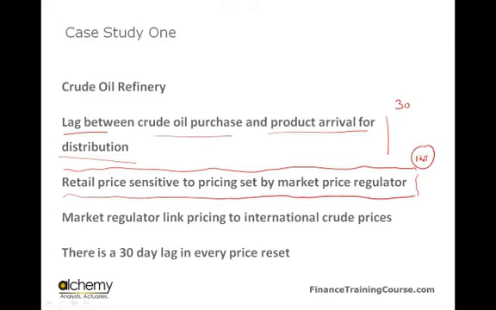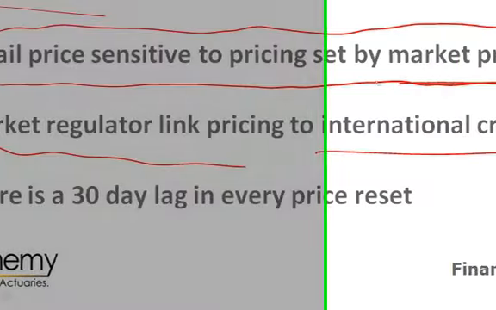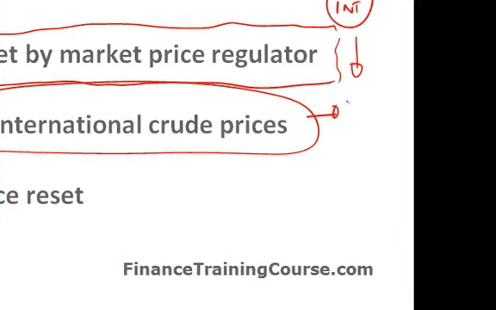So one of their big risk and exposures that they worry about is that if prices move in the international market and those prices are used by the regulator to set prices at a level that is below our cost, what would happen? The market regulator links prices to international crude prices, right? And this is linked to a specific blend.